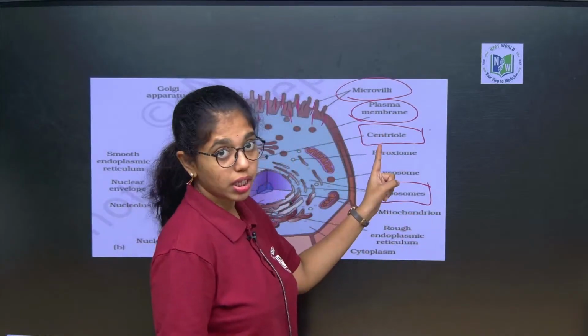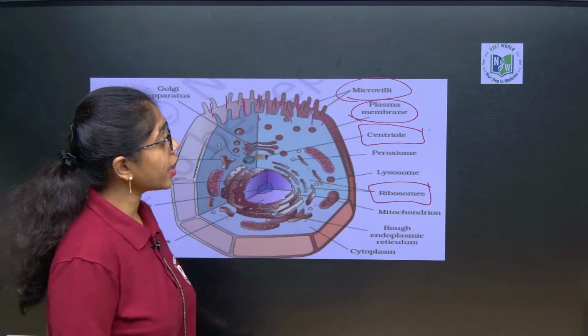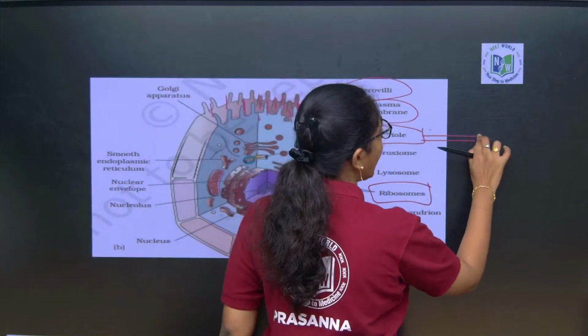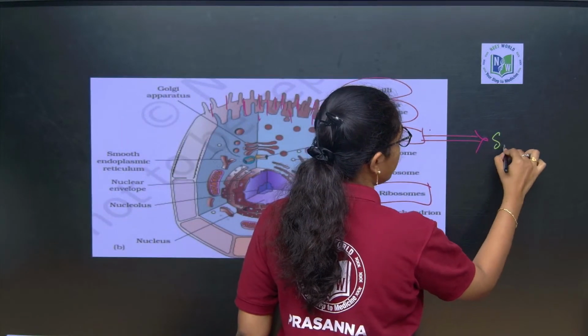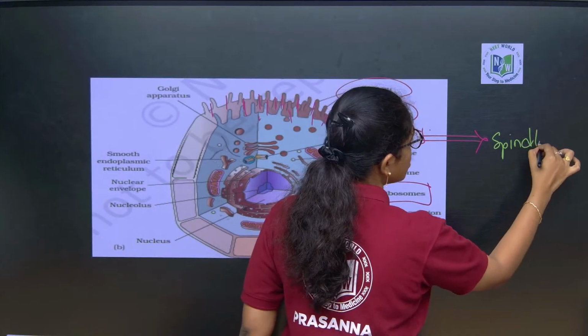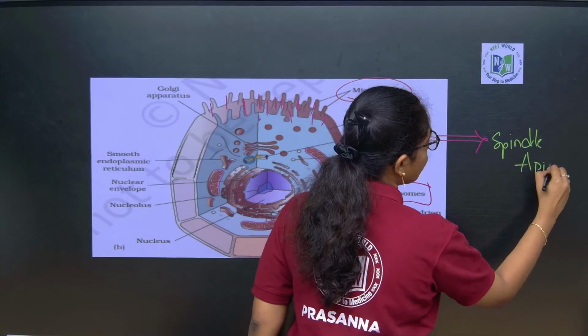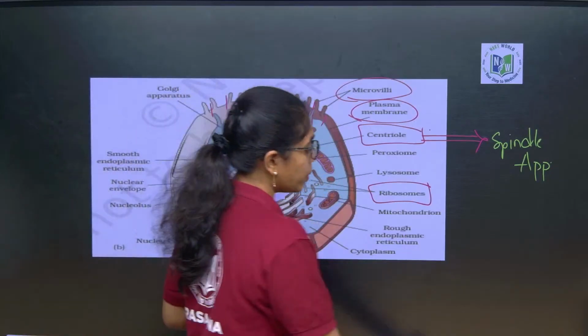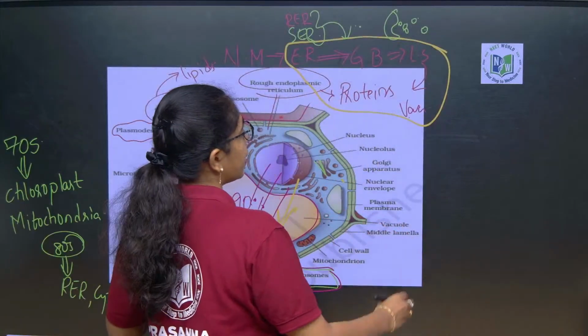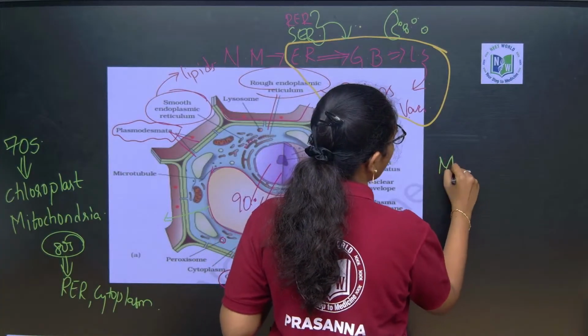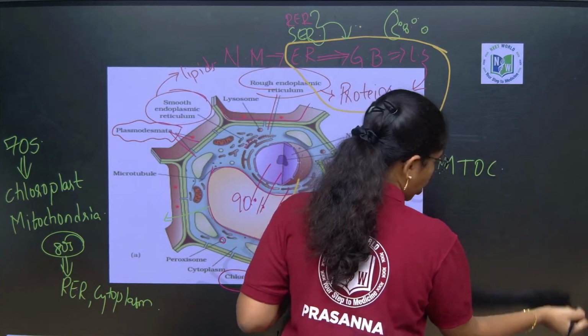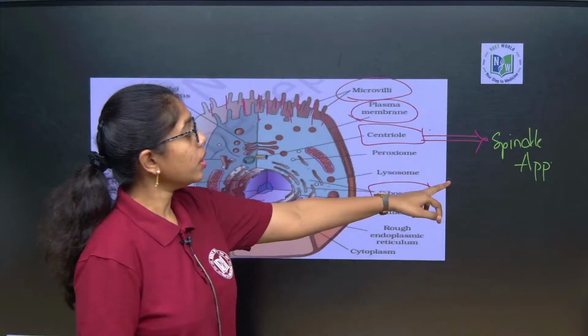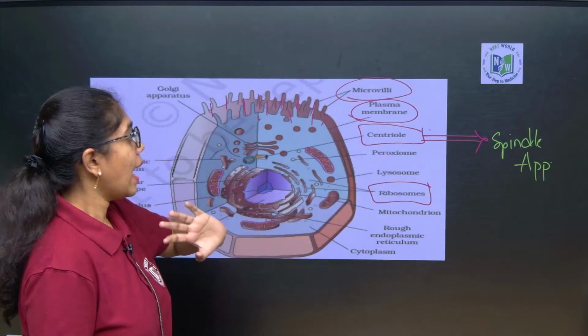Centrioles help in the spindle apparatus formation. So how are spindle apparatus formed in a plant cell then? Spindle apparatus are formed by a microtubule organizing complex. Here they are formed by centriole in an animal cell.